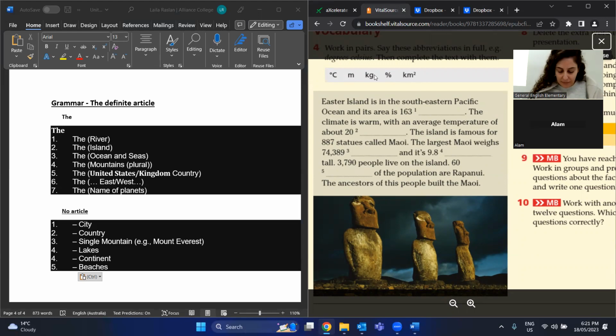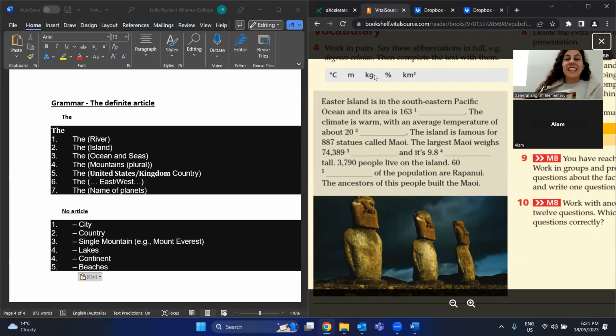The climate is warm, with an average temperature of about 20 degrees Celsius. The island is famous for 887, and 87. I should have stopped there.